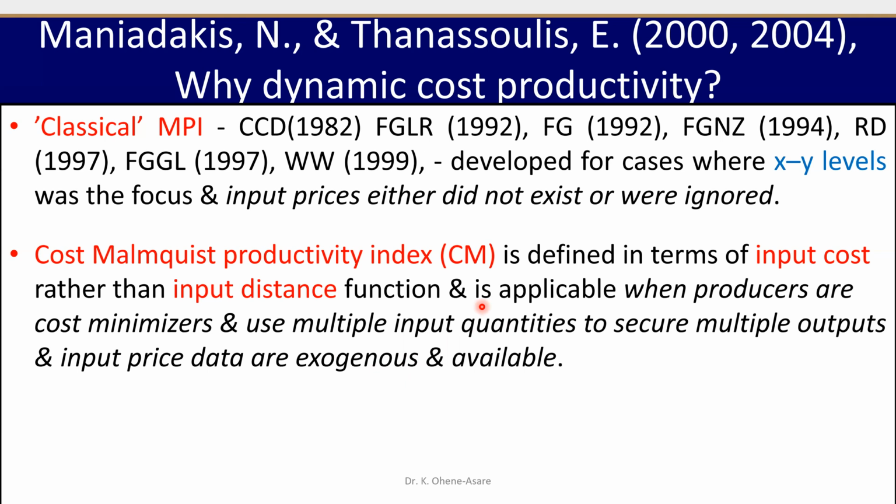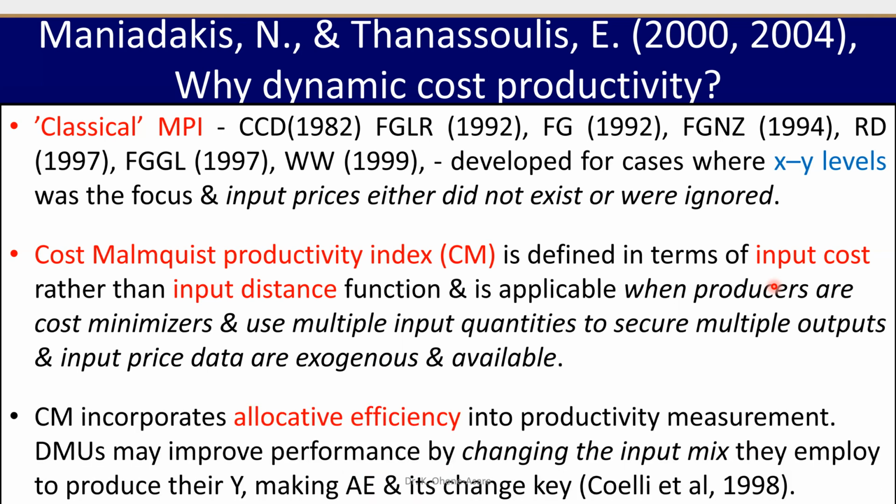Before you can minimize costs, you've got to minimize the input. Why? Because when the input is minimized, the cost will go along with it. And that is why the cost Malmquist is able to help to estimate allocative efficiency.